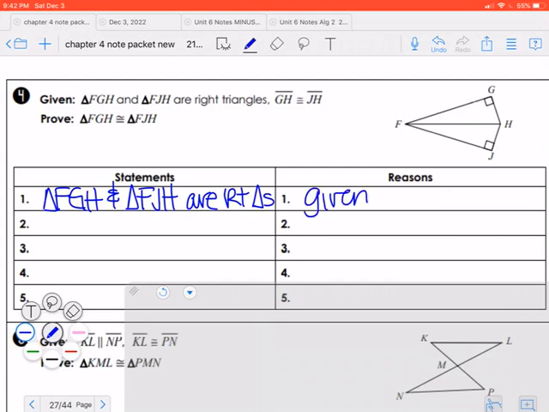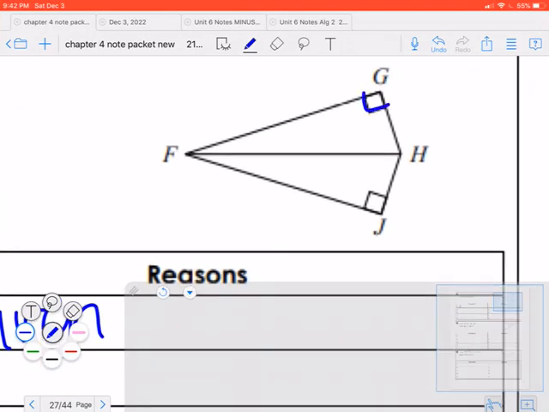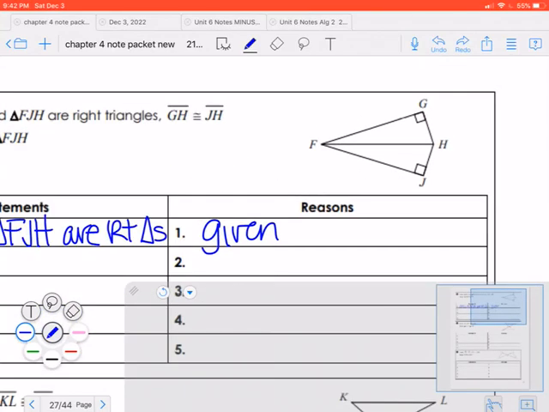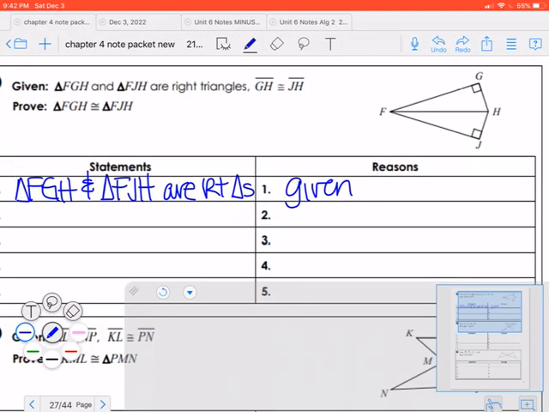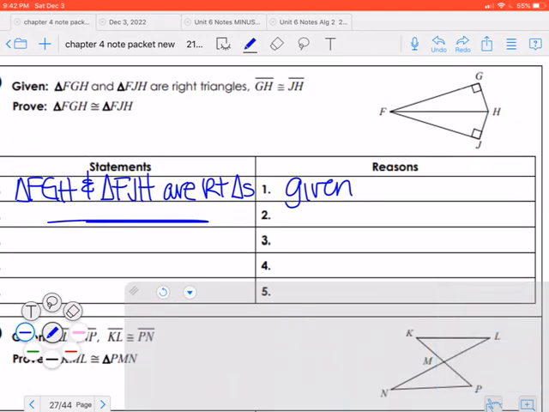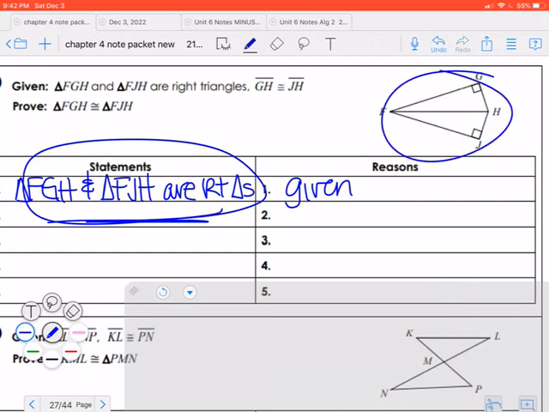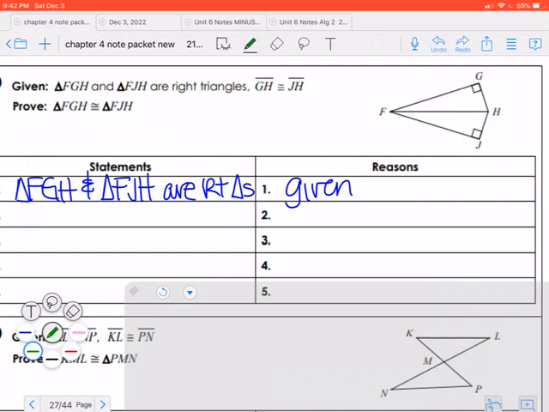Given. Okay, so that's telling us that each one is a right triangle. So I'm remembering all my theorems, and the one that uses a right triangle is HL. So we would need the hypotenuse and a leg. So let's see where this takes us. I can't say any more statements based off of just that these are right triangles. So I'm going to go to the next given.